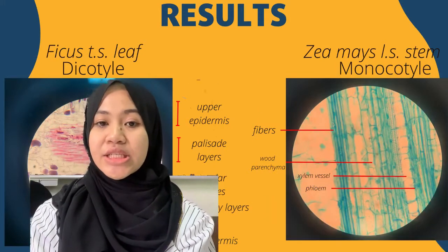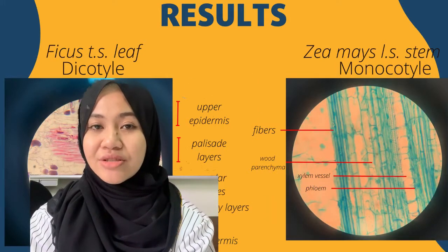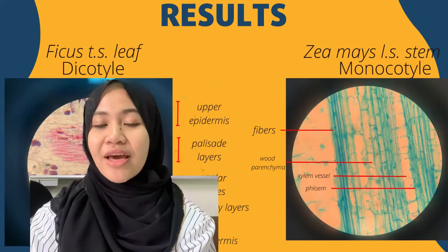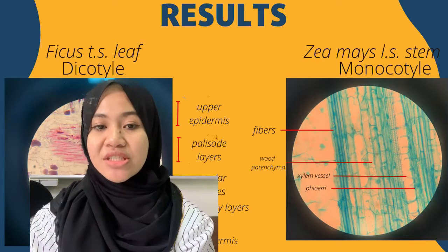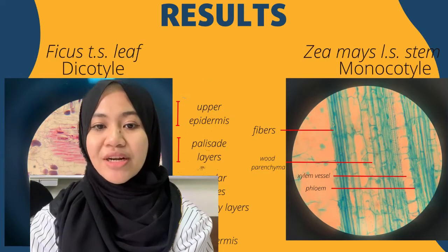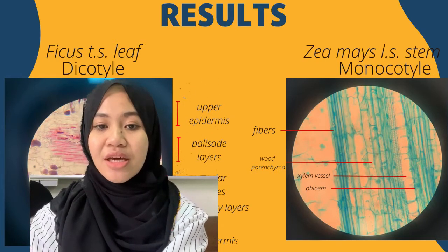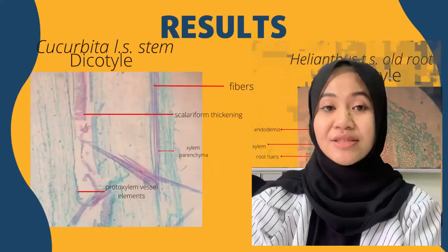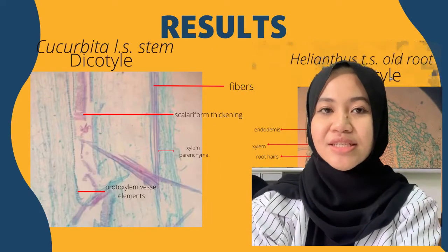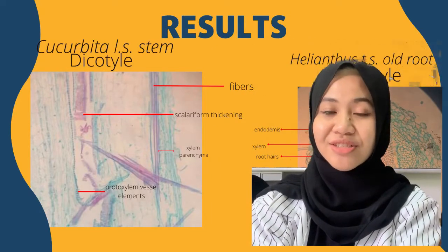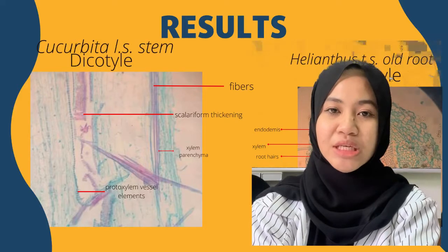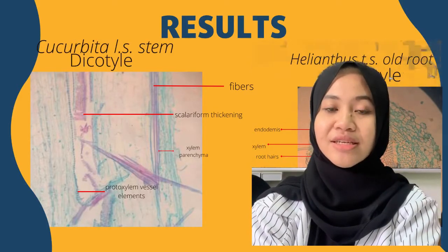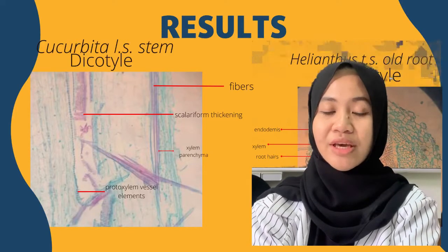The sixth is zeamice longitudinal section stem. It is classified as monocotyle, and we can see the structures, which are fibers with parenchyme, xylem vessel, and phloem. The seventh is cucurbita longitudinal section stem. It is classified as dicotyle, and we can observe some structures.